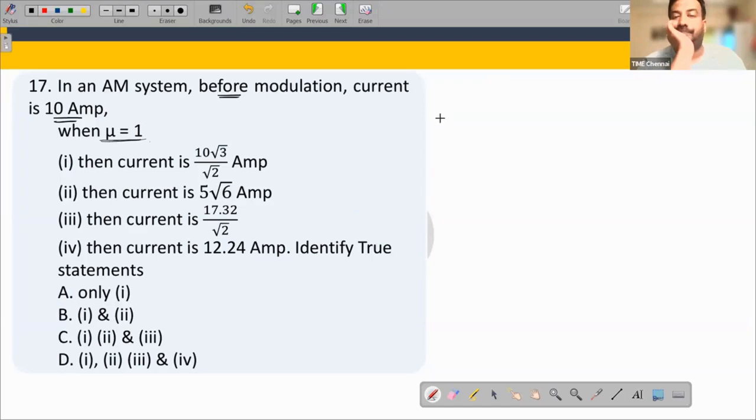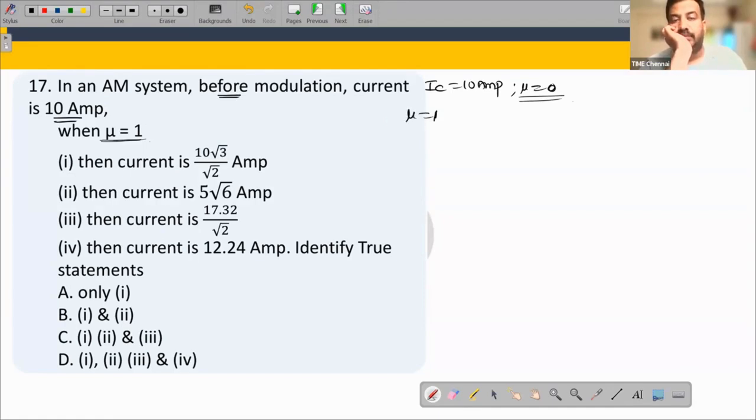In an AM system, before modulation, current is 10 amp. Mu is 0, no modulation.